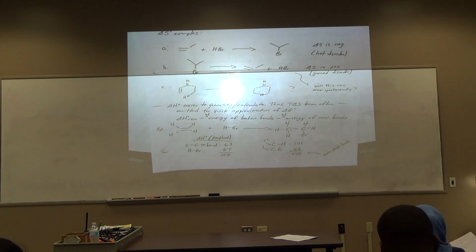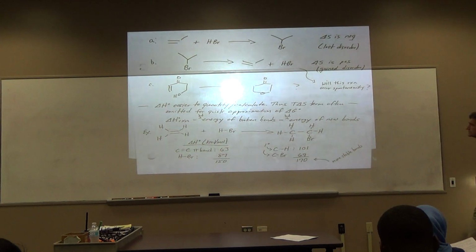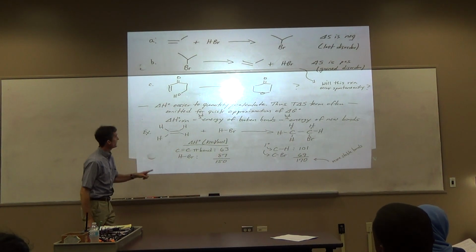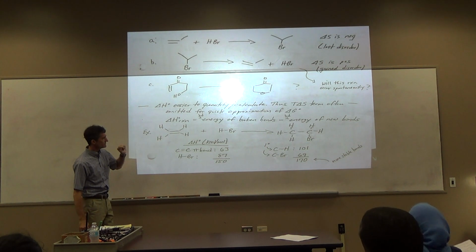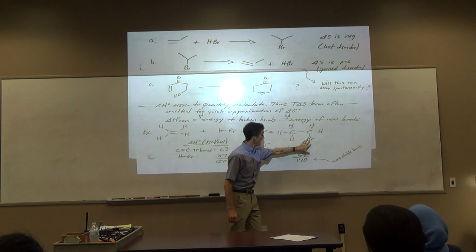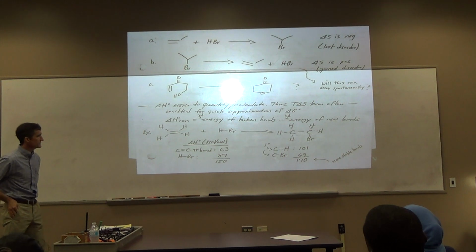Delta H we will quantify using bond strengths. This alkene plus HBr, very similar to above, except we don't have the methyl group on this alkene. Do this addition reaction to give an alkyl bromide. What would be delta H?